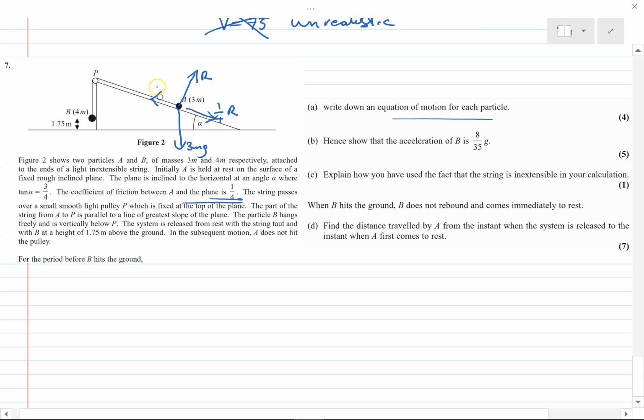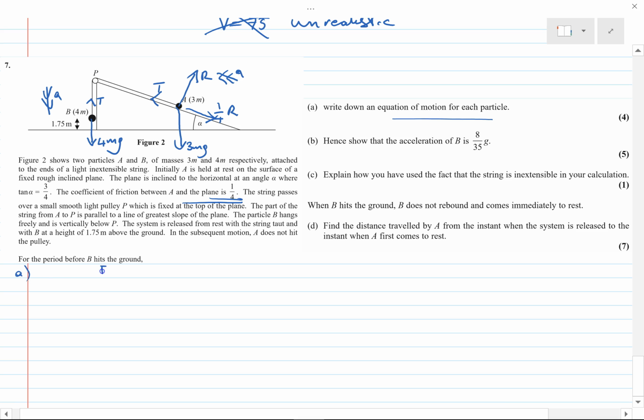We've got a tension here and a tension here, and a 4mg here, and it's going to be accelerating in this direction. So there's our diagram, and we're just going to apply it for part A.